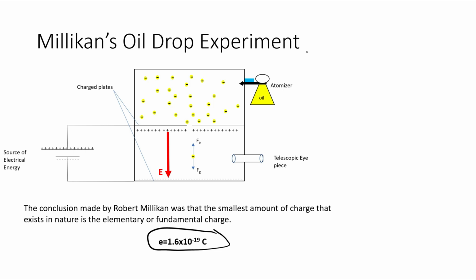Then we got to know that the charge of an electron, which is e minus, is equal to minus e, so negative 1.6 times 10 to the power of negative 19 coulombs. The charge of a proton, which is p plus, is plus e, so it is plus 1.6 times 10 to the power of negative 19 coulombs.